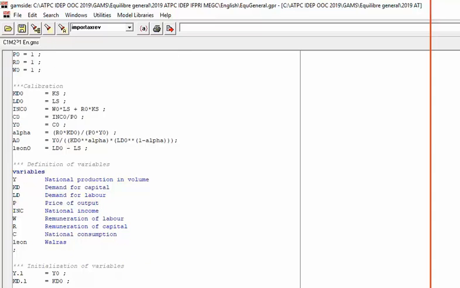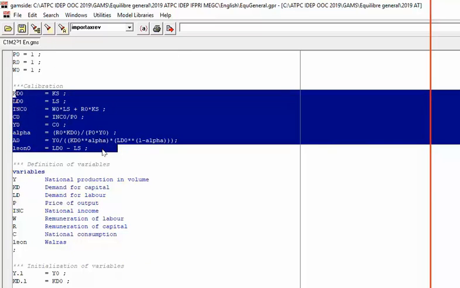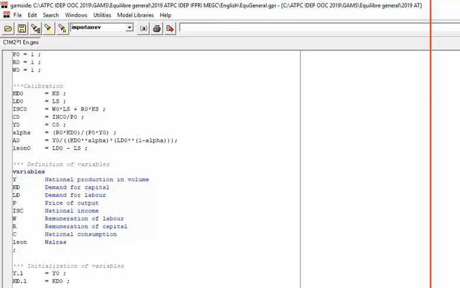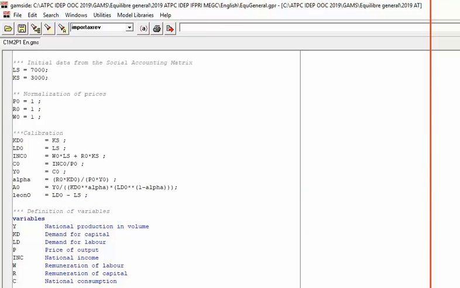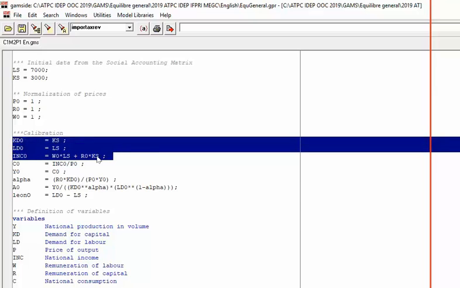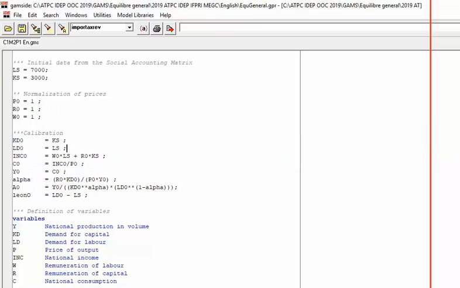Then the calibration. It's an important part of the program because you must respect a specific order. Why? Because here, the first three equations come from the data that you have entered within the program, because you have a supply of labor and supply of capital, and in the model you have two equations which are KD is equal to KS and LD is equal to LS.